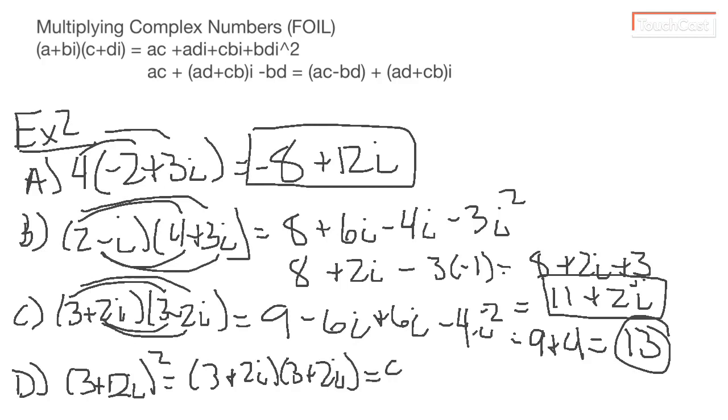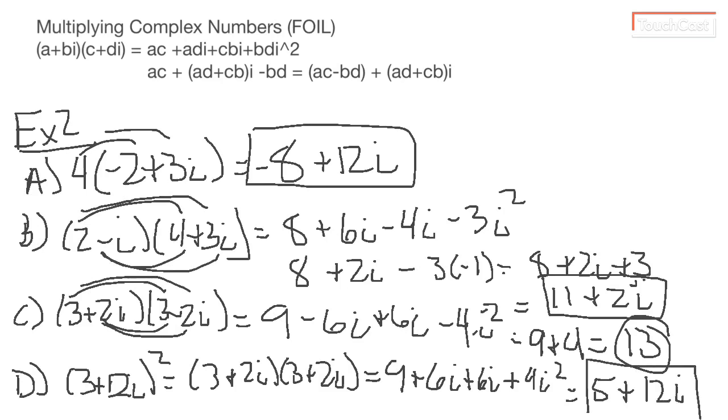We're going to have a 9 plus 6i plus 6i plus 4i squared, and i squared is negative 1, so we're going to have 9 minus 4, which is 5, and 6i plus 6i makes 12i. So we're going to have 5 plus 12i. And I think we're good at looking at examples of multiplying complex numbers.